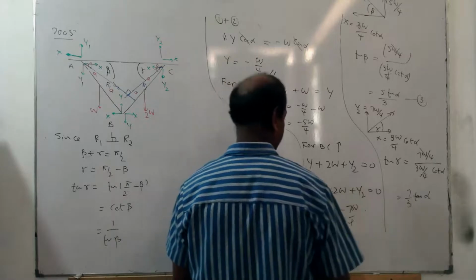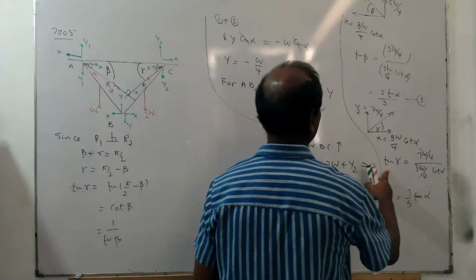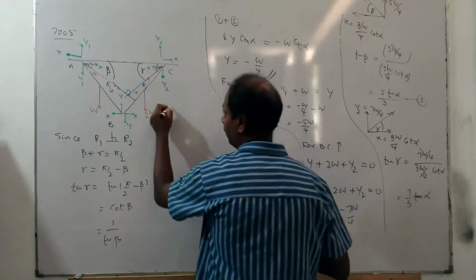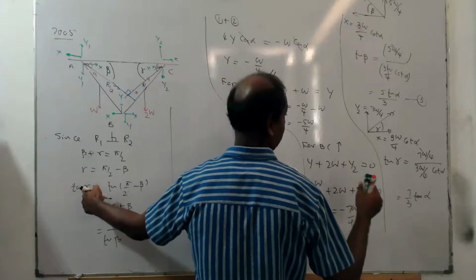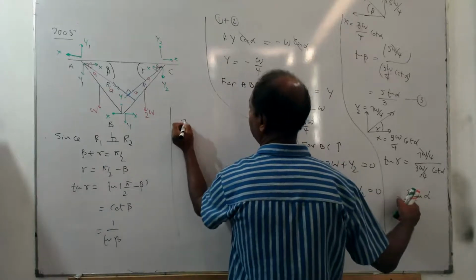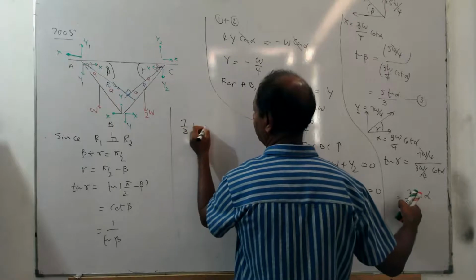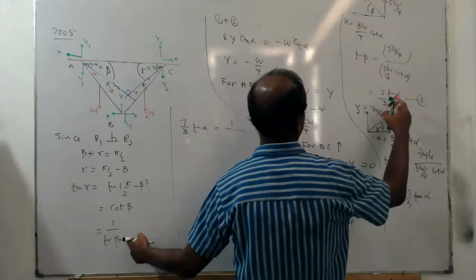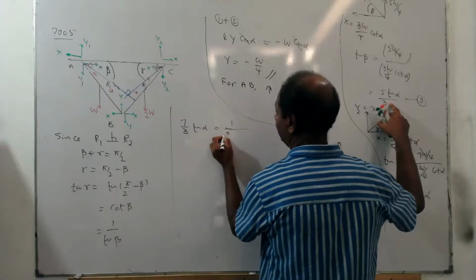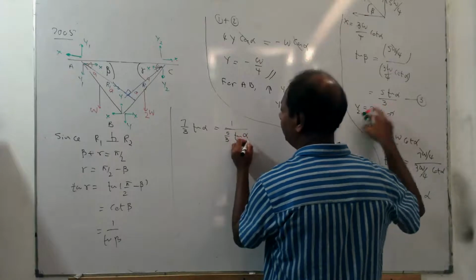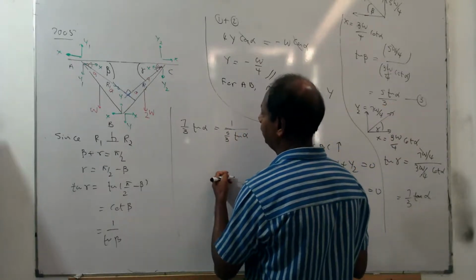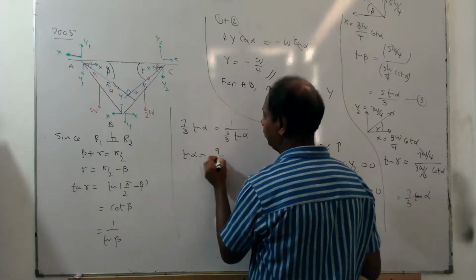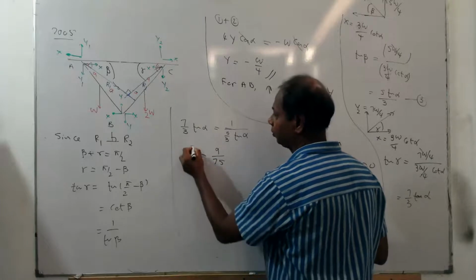We have found tan gamma and tan beta. We can substitute for them. Tan gamma is 7 over 3 tan alpha. 1 over tan beta, tan beta is this, 5 over 3 tan alpha. So this gives tan squared alpha equals 9 over 35 tan squared alpha.